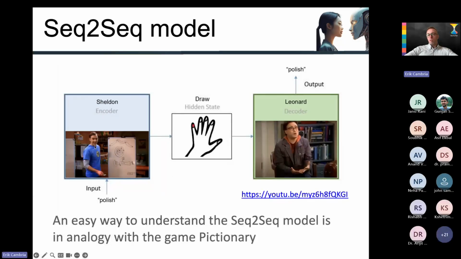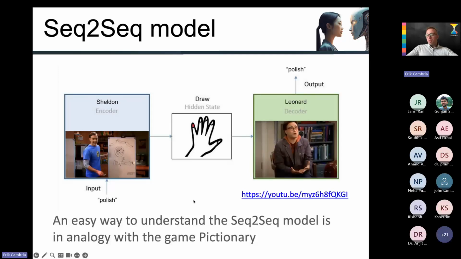So you, in this case, would be the encoder, the one that has to encode the meaning, the information of what you read, in this case, Polish. Then you present this compressed or hidden state to your friend, and your friend has to decode the meaning into the same word that you read, without communicating the word.